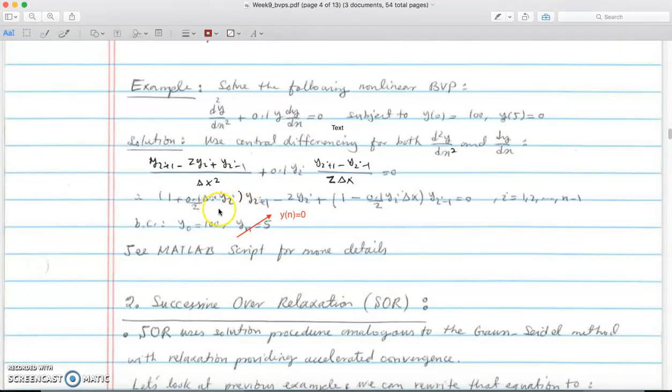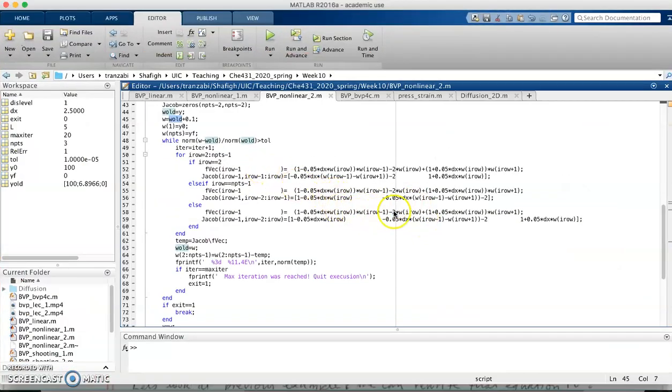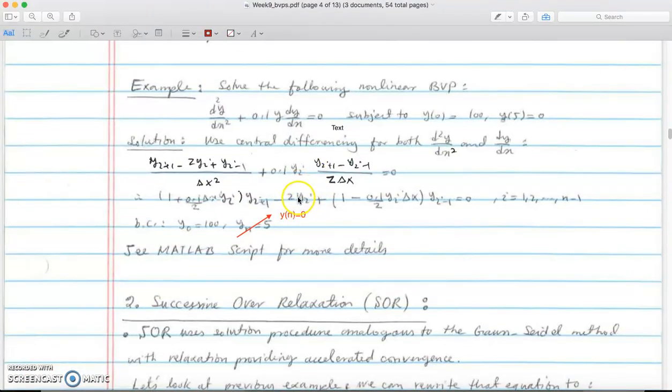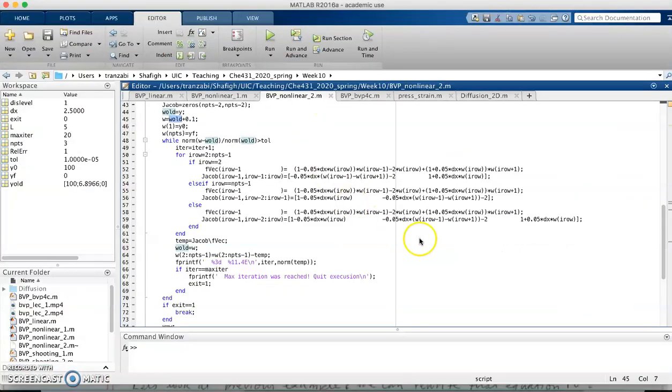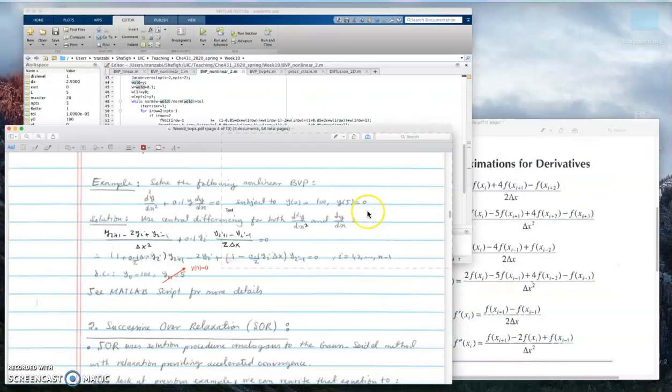This is exactly here: 1 minus 0.05 yi minus 1 times del x, so that's exactly what I have there. And then the second piece is minus 2 times yi, and here is minus 2 times yi. And the last piece is 1 plus 0.05 times dx times yi, and yi plus 1, and that's exactly what I have here: 1 plus 0.05 dx yi plus 1. So I didn't do anything, I just rewrote this in MATLAB.